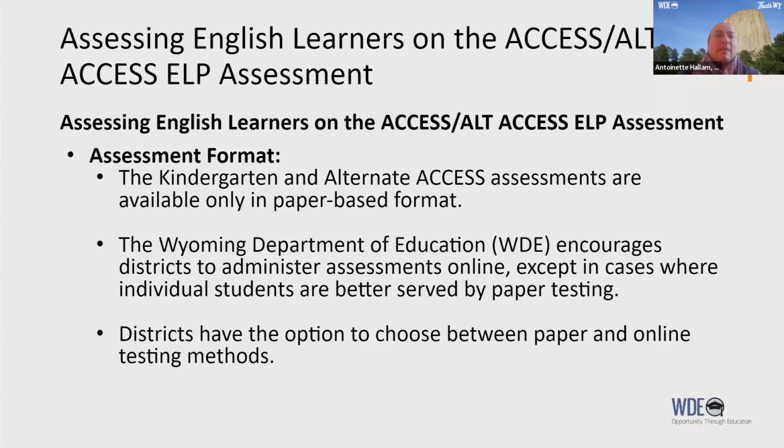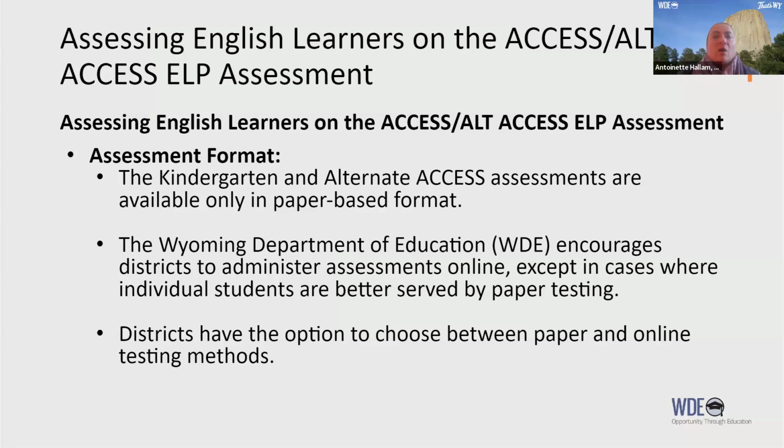In the field of assessing English learners, it's important to understand the available formats for the kindergarten and Alt Access for ELLs assessments. These assessments are specifically designed to evaluate the language proficiency of young learners, and the method of administration plays a crucial role in ensuring effective evaluation.